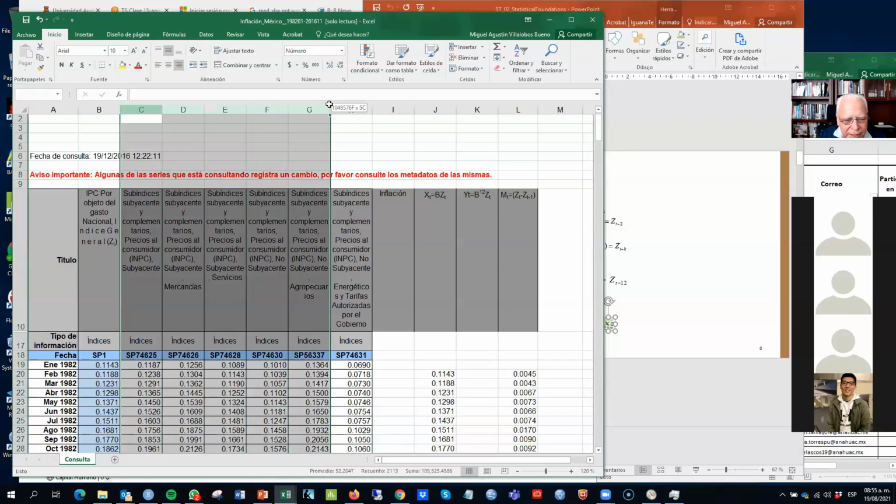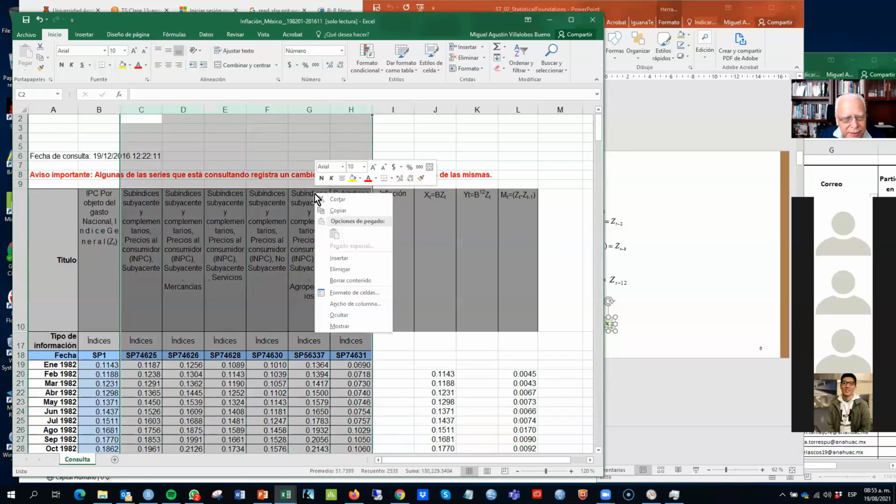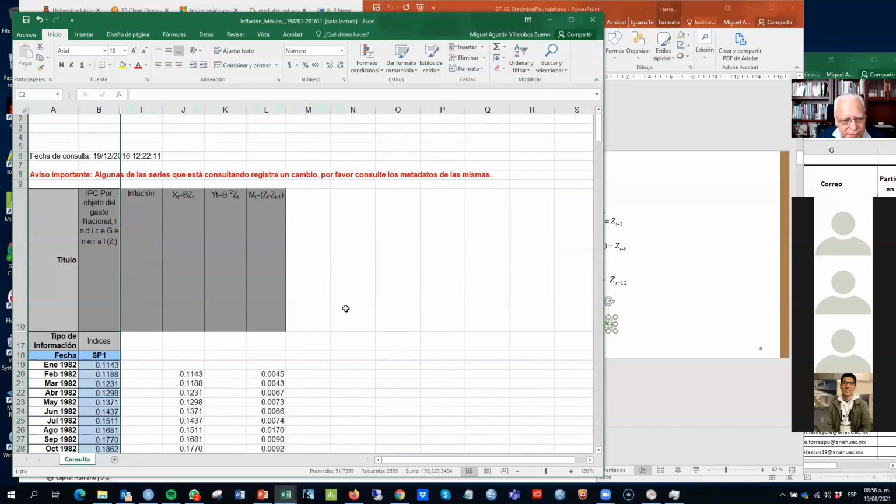So this is my variable X_t, the backshift operator applied to Z_t, and I have a missing value here. I don't have a value for the first data point. And then I have 0.1143, which corresponds to Z_t minus 1, and so on.